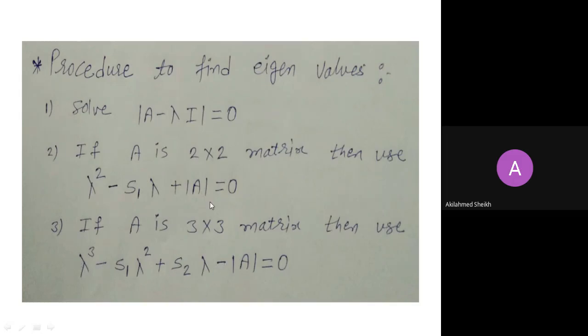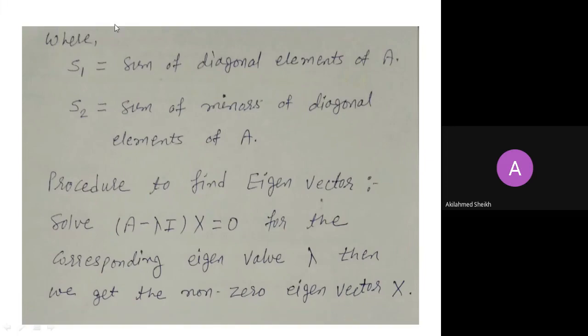Now here S1 stands for the sum of diagonal elements of A. S2 stands for the sum of minors of diagonal elements of A. Now this is the procedure to find eigenvalues.